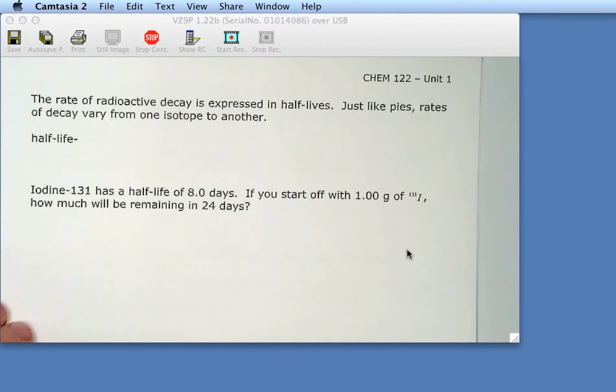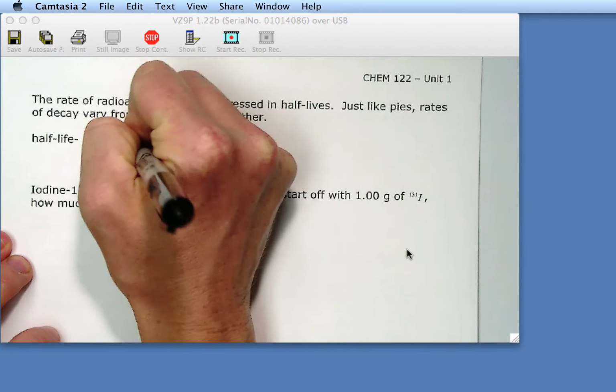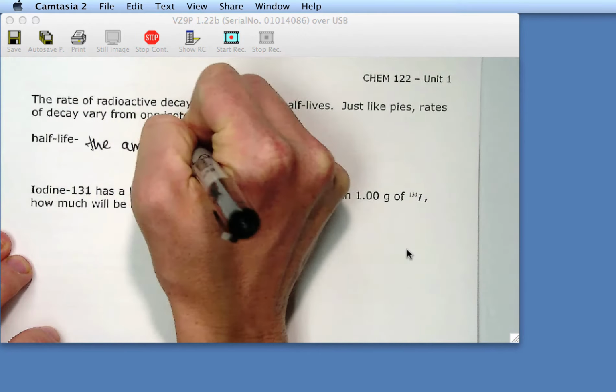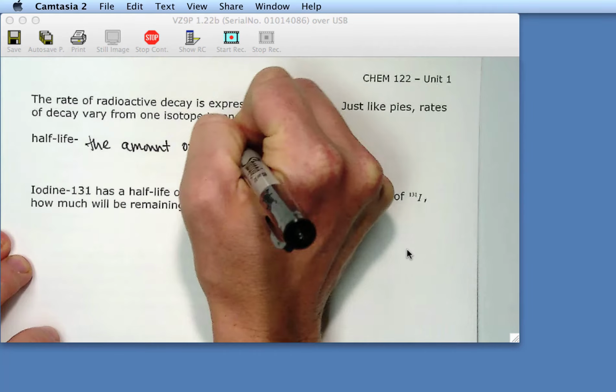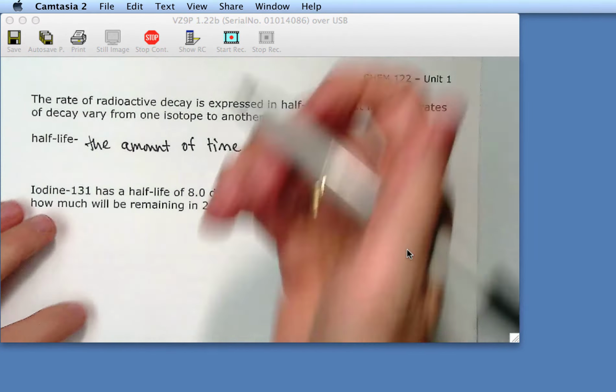So a half-life is the amount of time required for half the sample to decay.